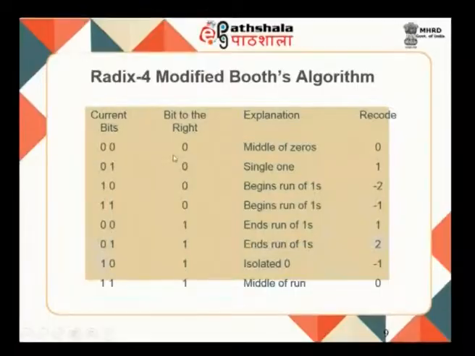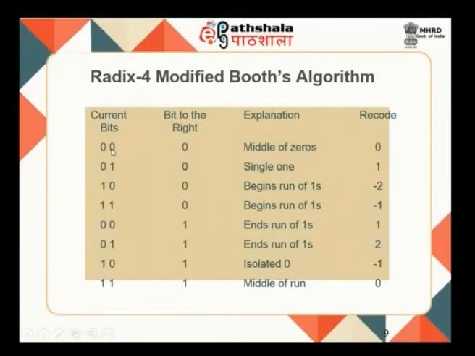Say, for example, I have a 0 0 0. These are the current bits, and this is the bit to the right. A 0 to 0 is coded as a 0, and another 0 to 0 is coded as a 0. So, you have 2 Booth's multiplier bits, 0 and 0. Now, we combine those 2 multiplier bits into 1 multiplier bit and bring it to the rightmost position.